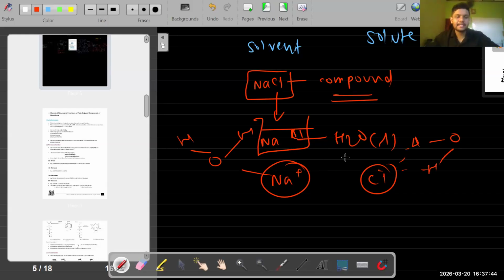This is called ionic nature. Can you understand this? Is it hard to understand this?